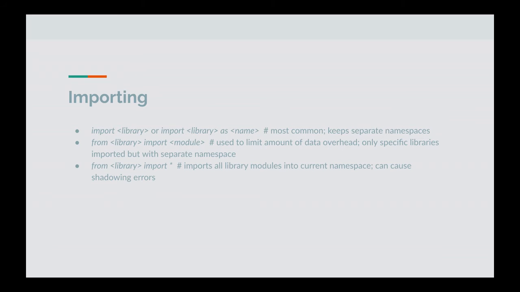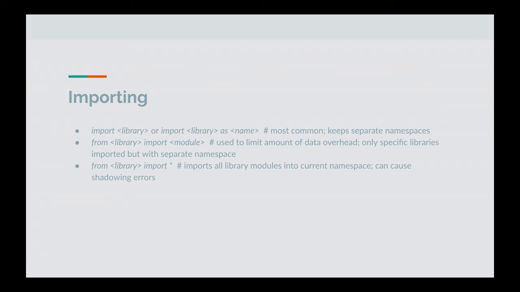Again, this also maintains that namespace for that particular module that you've imported. So if we imported the cosine portion of the math library, then it would be math.cosine to access it. So again, it's still not part of your personal program's namespace.